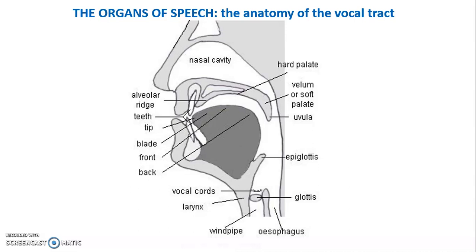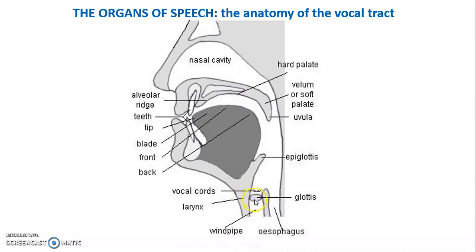So, if we have to summarize what we've said about the organs of speech, let's have a look at this figure. We can say that the air coming from the lungs passes through the trachea, then the larynx, which is at the top of the trachea.